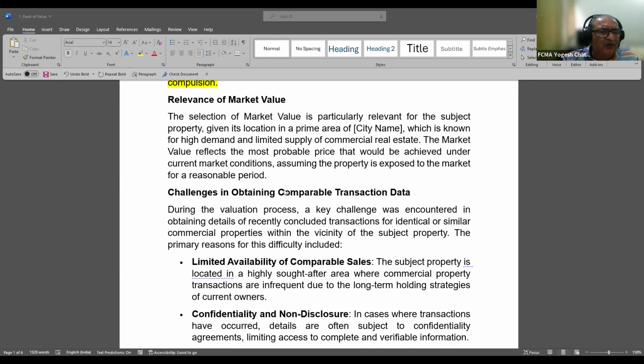So in the market approach you will always come across the challenge of getting an identical property, or a similar property, or a property which is matching on 100% of the parameters. To be on a lighter side, in our real life also, we always have a complaint that our match is not 100%. Whatever we have is not 100% matching with our requirement, our nature, our characteristics.